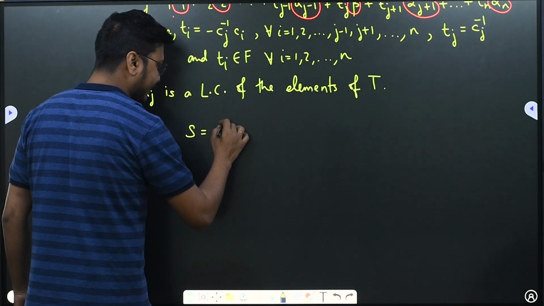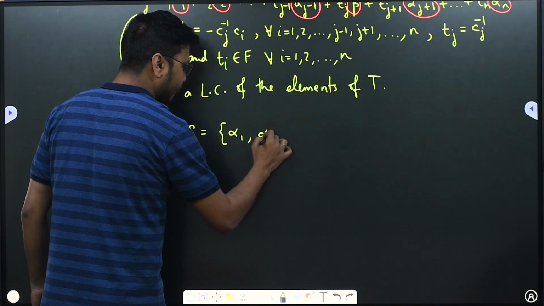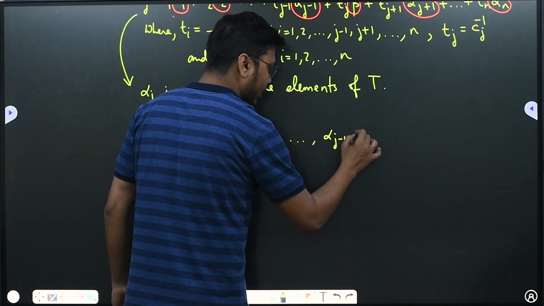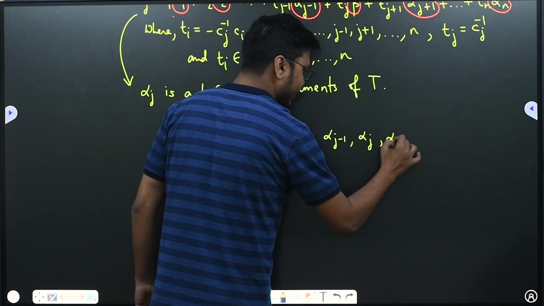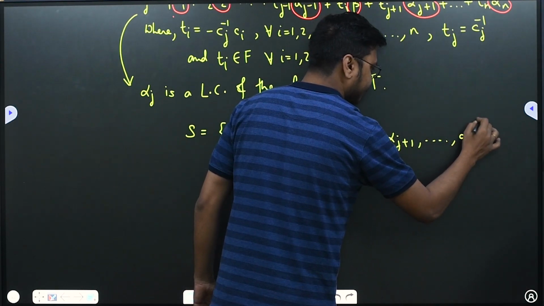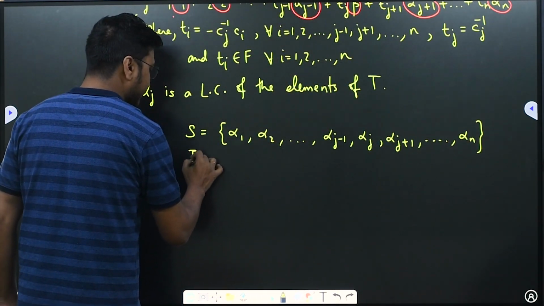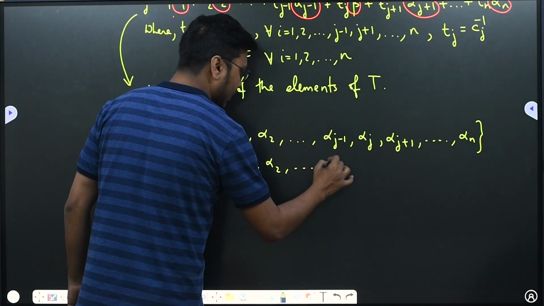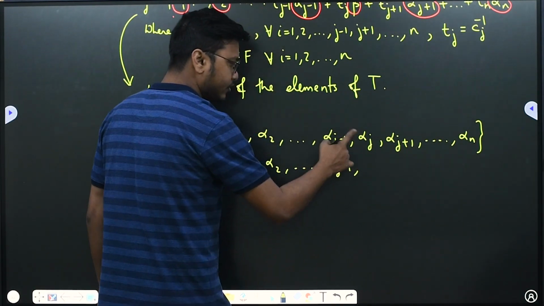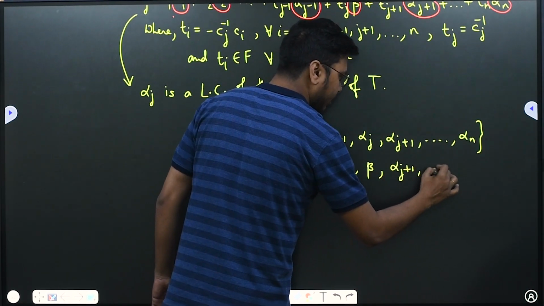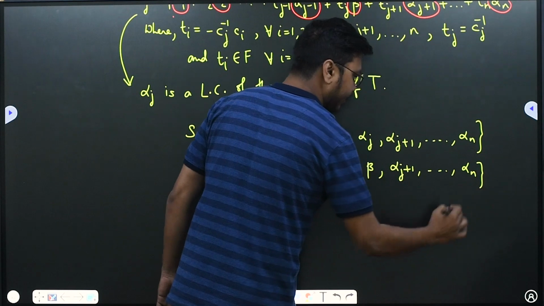The S set is alpha 1, alpha 2, alpha j minus 1, alpha j plus 1, and going up till alpha n. And the T set is alpha 1, alpha 2, alpha j minus 1, instead of alpha j we are having beta, alpha j plus 1, and going on up till alpha n.